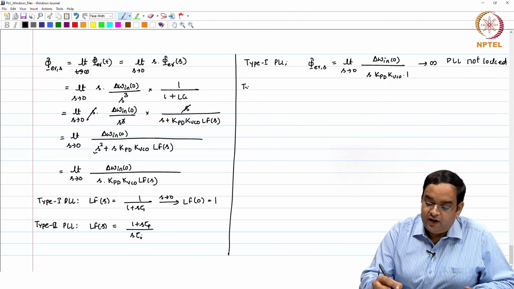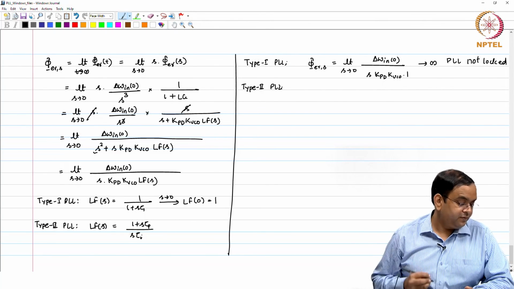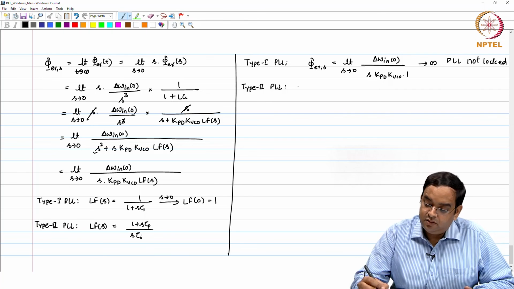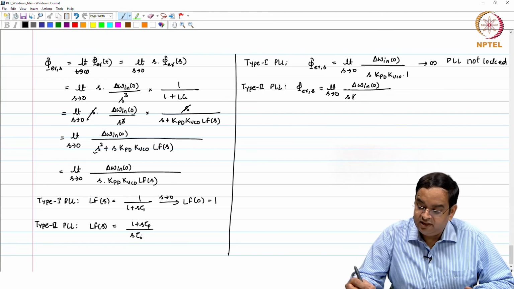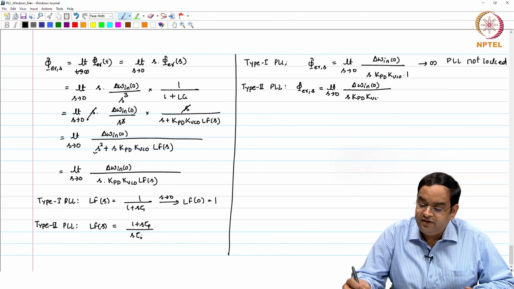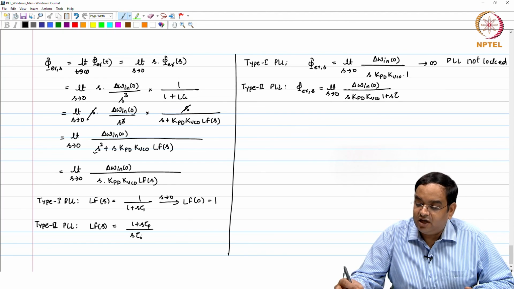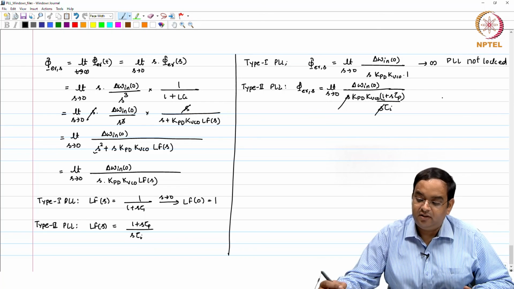For type 2 PLL, phase error in steady state is the limit as S tends to 0 of delta omega in 0 divided by S times KPD KVCO into 1 plus S tau p divided by S tau I; the S cancels out.